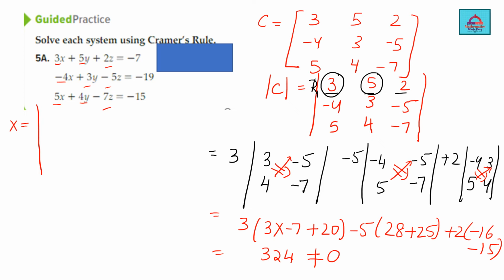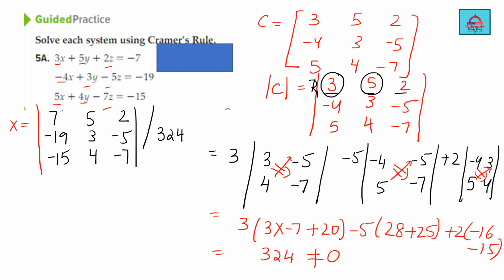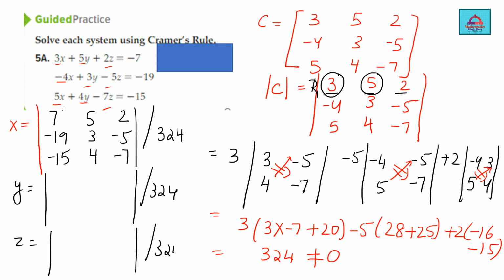I have covered x, so first I'm going to write the numbers: 7, negative 19, negative 15, the right side you write first, then x is already covered, you come to y, and then finally z. You can evaluate the determinant using the same technique, and you divide it by the value of the determinant of C, 324. Then you write y, again the denominator is the same, then you write z, again the denominator is the same.